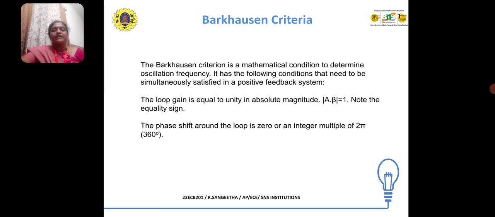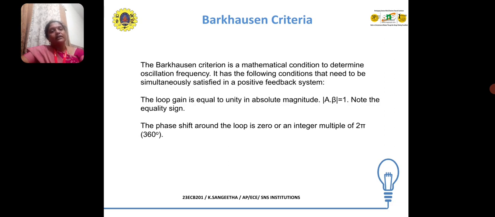And the next condition is that the phase shift around the loop should be 0 or an integral multiple of 2 pi, or 360 degrees. These are the two conditions. If these conditions are not met, the oscillator will not give sustained oscillation.